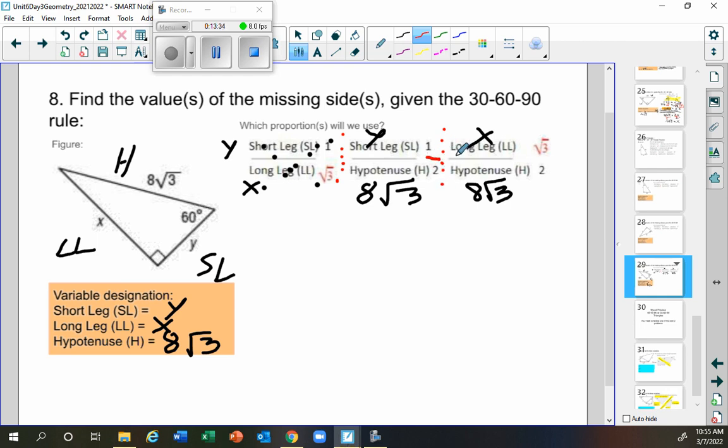So here's how we're going to set up our ratio for this one. What's on top? What's on the bottom? Y's on the top. And then what are we going to put on the bottom? 8 square root of 3. Then over here, what's on the top?